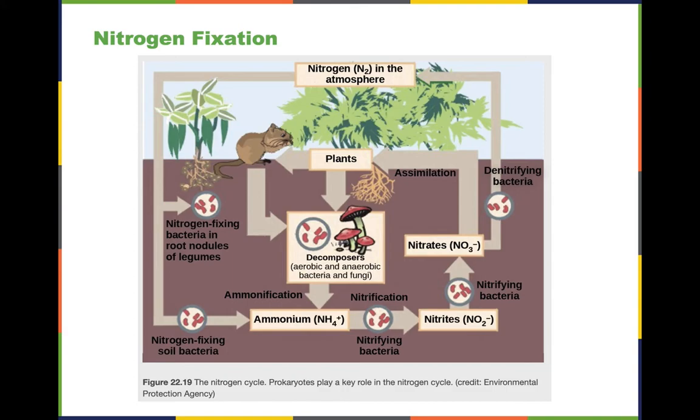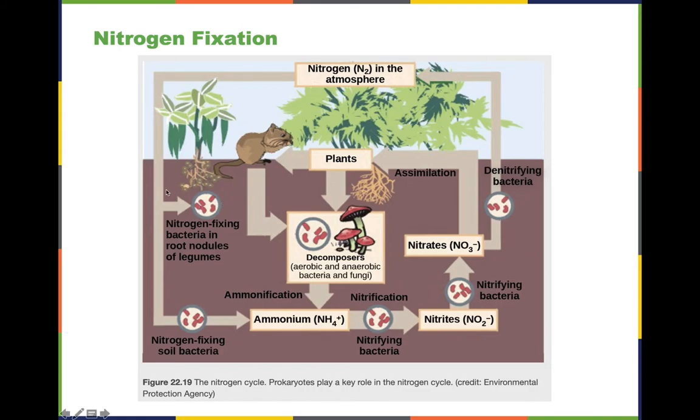There is nitrogen in the atmosphere in the form of nitrogen gas, N2. But in order for living beings to take that from the environment and use it, they have to be able to fix it. Pretty much the only organisms that can do that are nitrogen fixing bacteria.